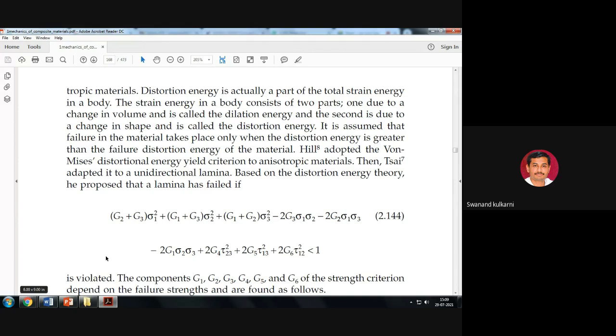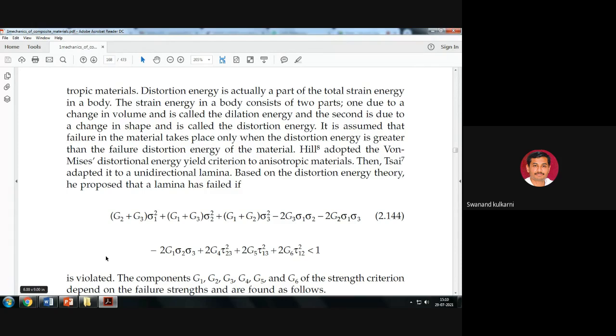However, this theory is applied for unidirectional lamina and anisotropic material, and that new theory evolved with the name of Psi-Hill failure criteria, and that is very important in case of composite material, because many composites are unidirectional or anisotropic in nature. Is it okay? So that's why we should understand this theory. This adoption by Psi and Hill is based on the distortion energy theory, and for that they have used this particular equation which is here on your screen.